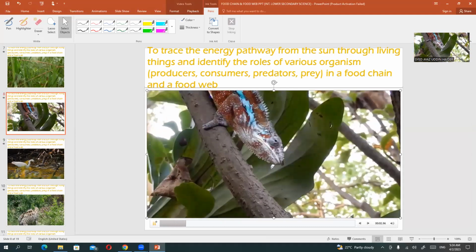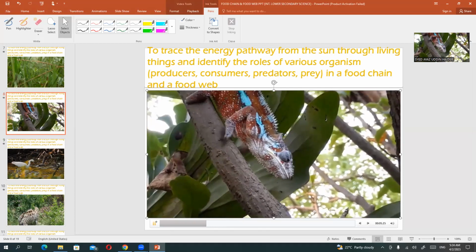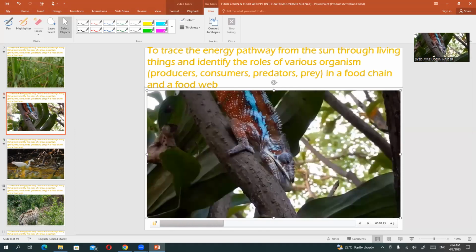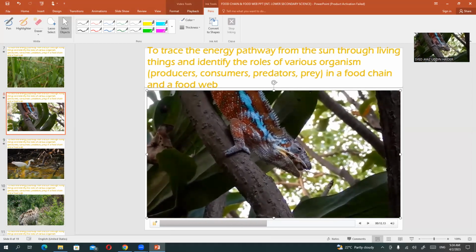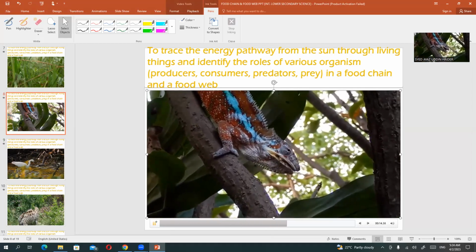This is a chameleon hunting and killing its prey, which is some kind of insect here.